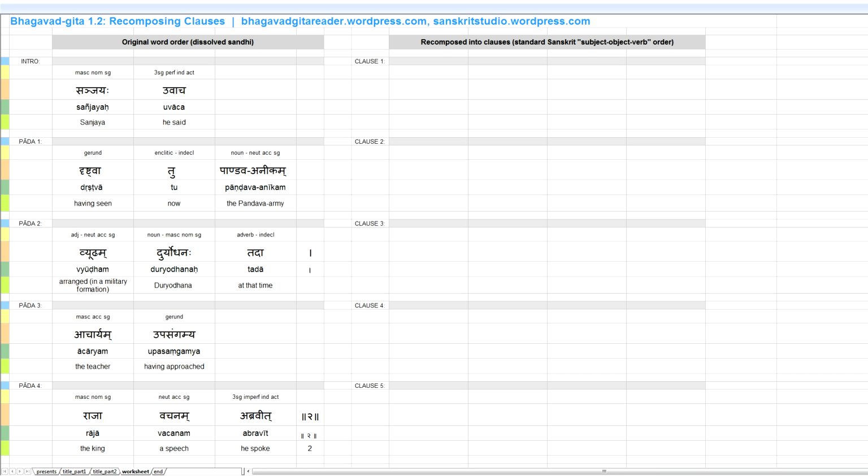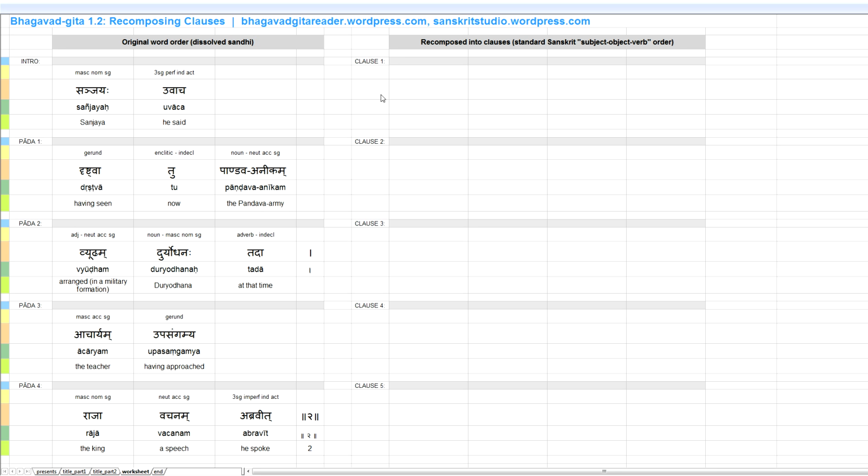So in the overall project for both of these parts, we are aiming to fill in this form here, and we want to determine which words are going to end up in which clause.